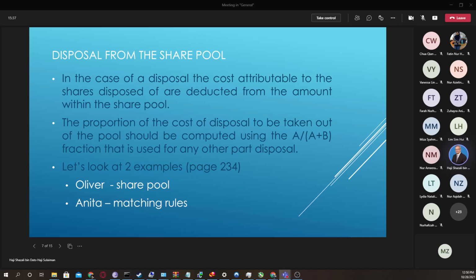Okay, so this is the matching rule, matching the disposal against the three sequences. It's always important to remember how to match: acquired on the same day, acquired within the next 30 days, and any balance will be done through the share pool.